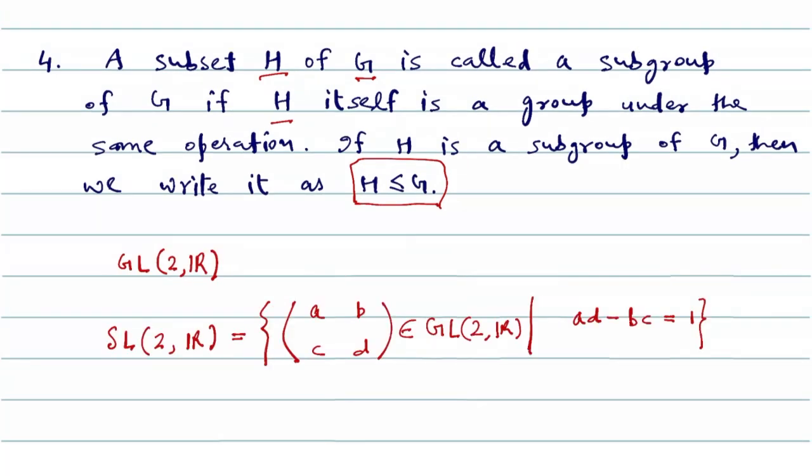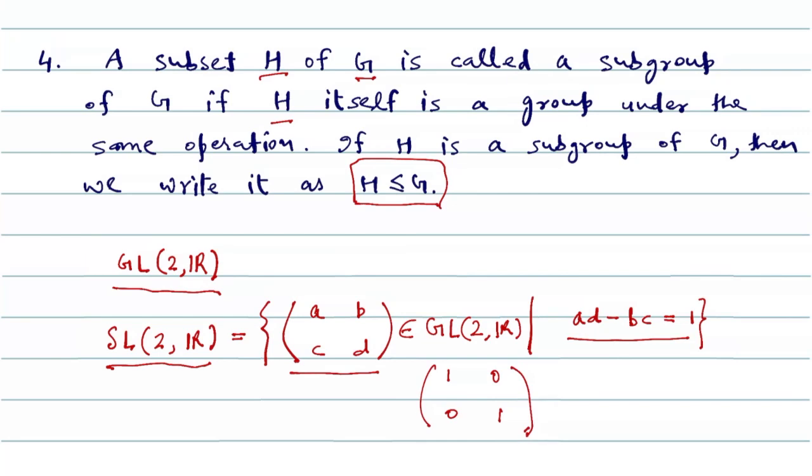As another example, consider the group GL2R, the general linear group of 2 by 2 invertible matrices over R, and let us take its subset SL2R, which consists of matrices A, B, C, D whose determinant is 1. Then this becomes a subgroup of G because it contains the identity matrix, this one, which will behave like the identity of this group.